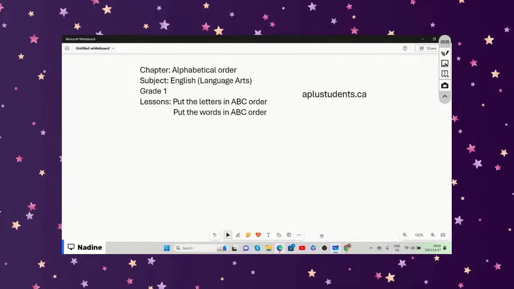The lessons we will be focusing on today are to put the letters in ABC order, as well as to put the words in ABC order. We put words in alphabetical order based on how the letters are within the alphabet, but it doesn't necessarily mean it is in order of A, B, C, D, E. It's like putting it in ascending order.